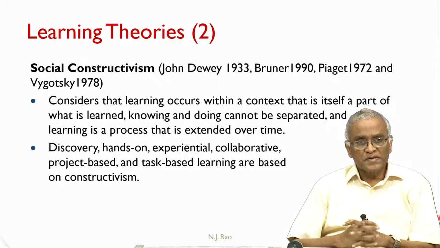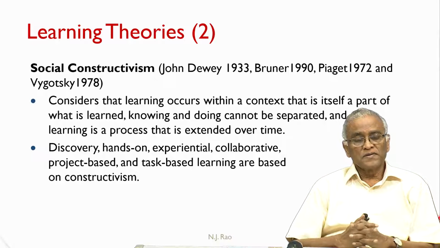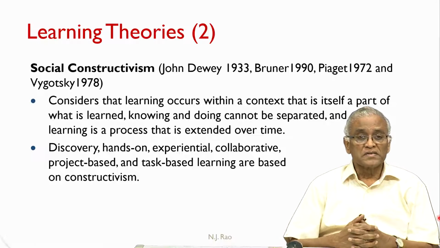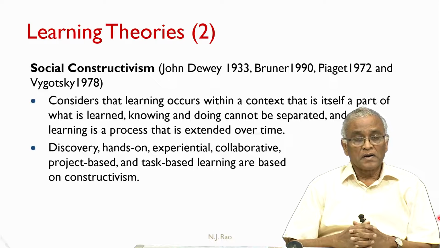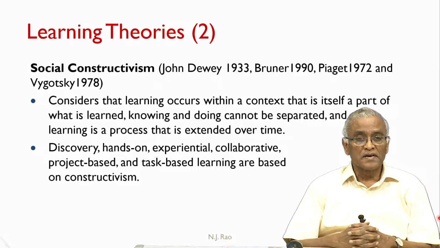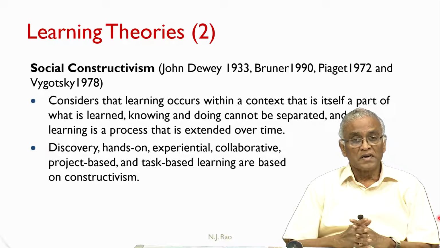Once we accept the importance of this particular learning theory, several types of activities become important, like what we call discovery learning, hands-on learning, experiential learning, collaborative learning, project-based learning, task-based or problem-based learning.